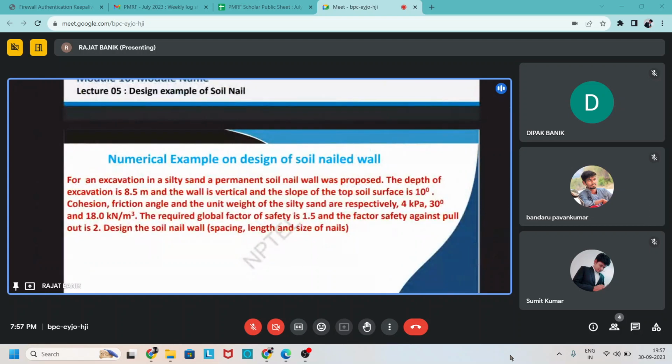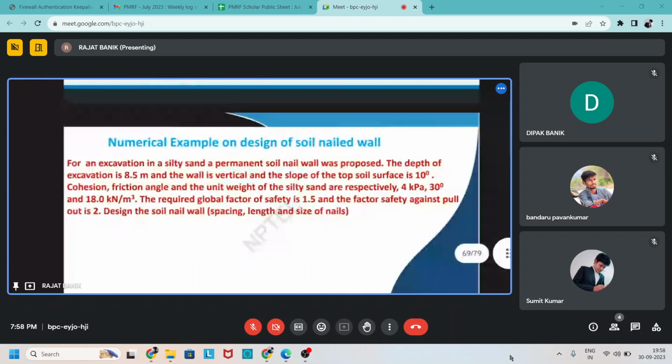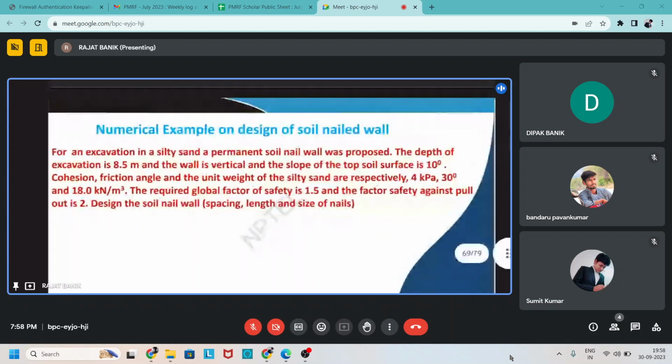Now we discuss the problem on soil nails, which is based on your assignment. For solving the soil nail problem we need charts. The problem says that for excavation in a silty sand, a permanent soil nail wall was proposed.